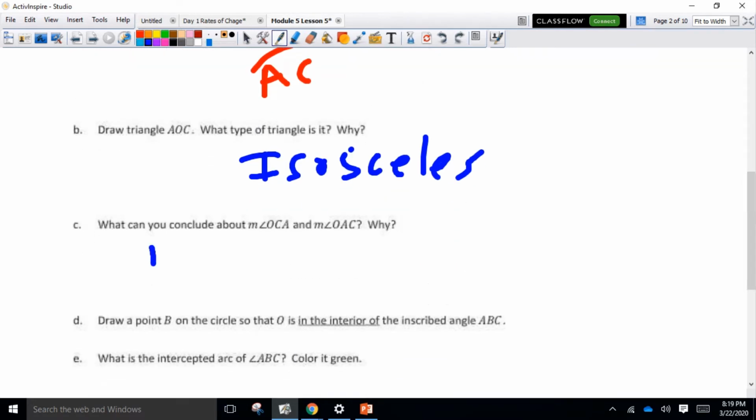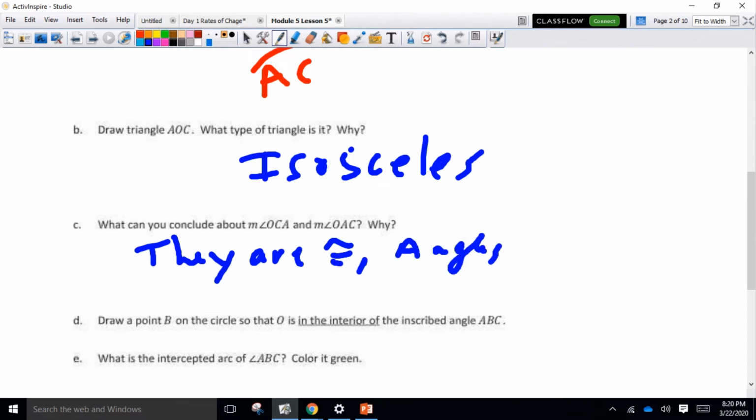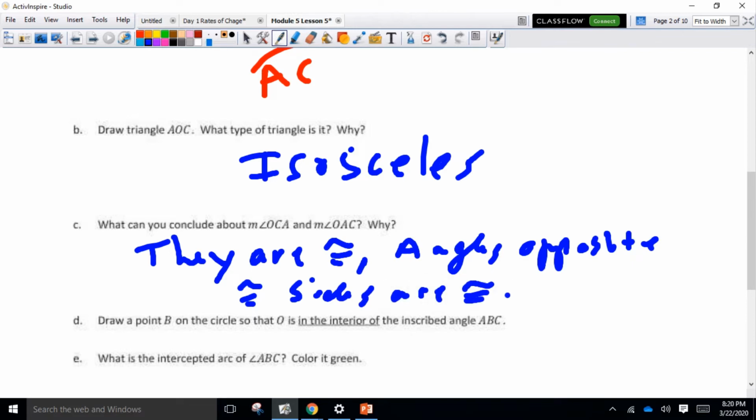They are congruent because, let's say, what do we want to say here? We want to say angles opposite congruent sides are congruent. Okay.